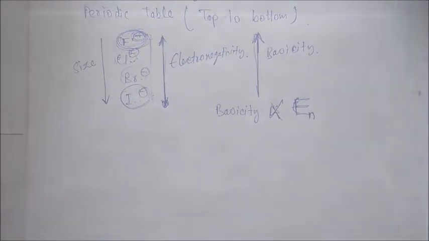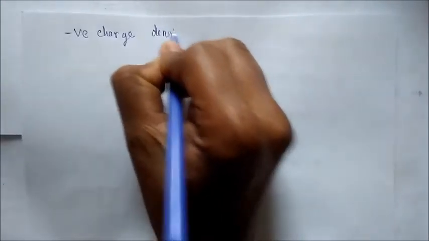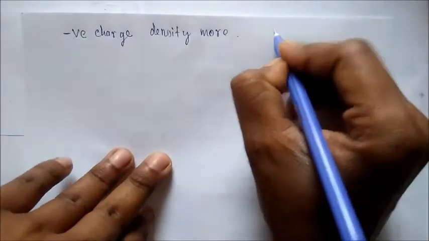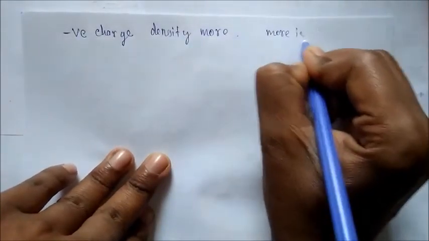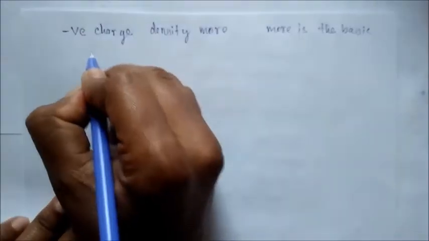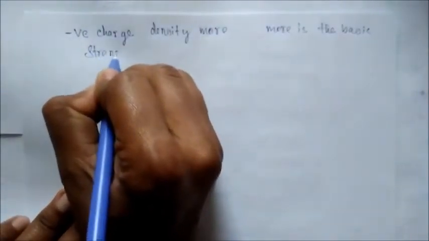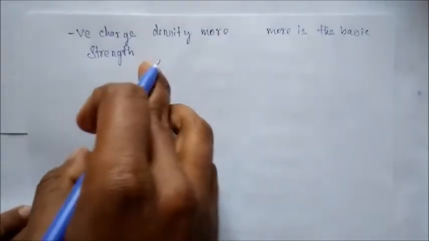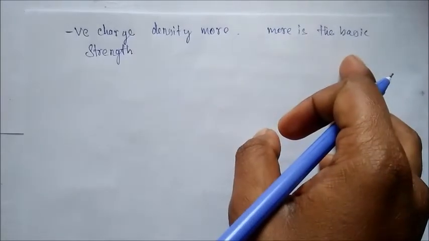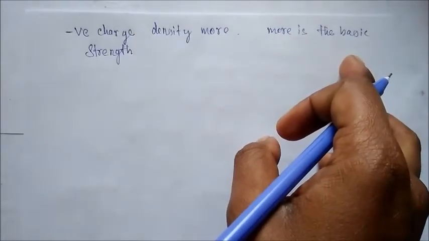Okay, let's come to another aspect of deciding basicity, that is negative charge density. If the negative charge density is more on an element, then it has greater basic strength.